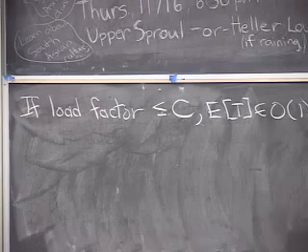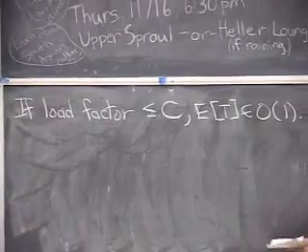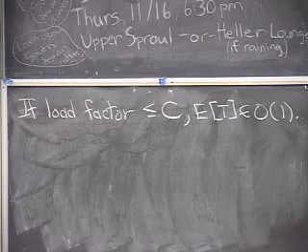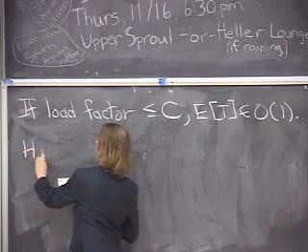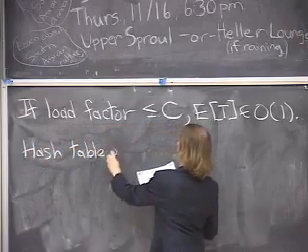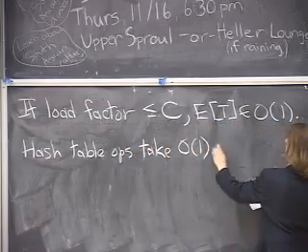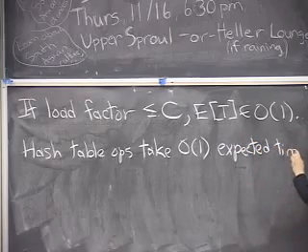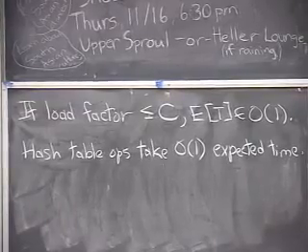And this analysis applies for the insert and remove operations as well, because they also have to do the same thing: hash to the bucket, look through the chain. And so all three hash table operations, insert, remove, and find, take big O of 1 expected time, if the hash table does not get resized.